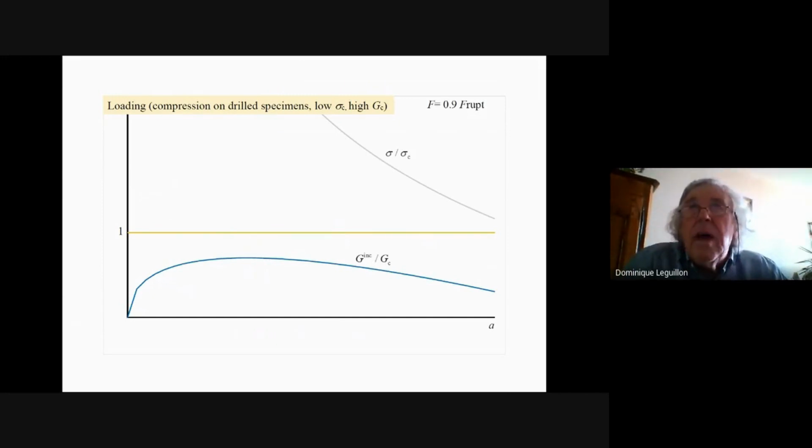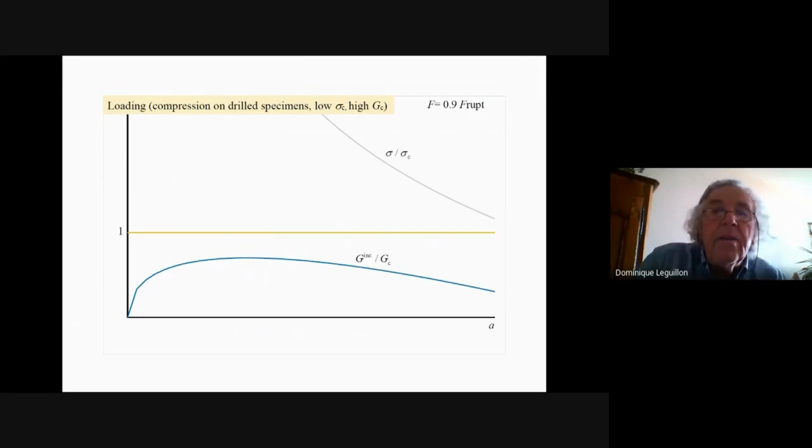What happens in this specimen is that two cracks emerge from the north pole and south pole of the circular cavity. And it is stable. We will see that it is stable. The crack initiates, but at a time it stops. Okay, and we will see how it can stop.